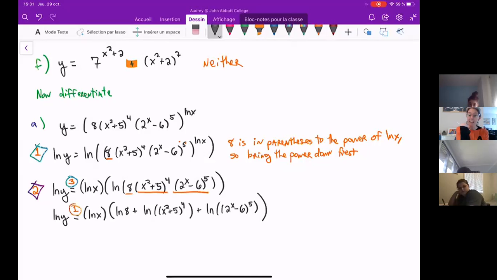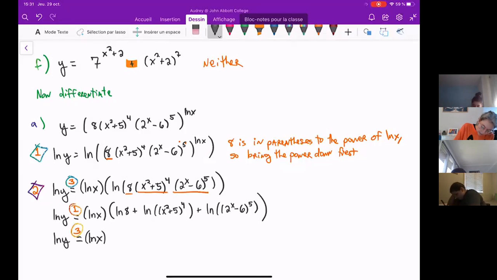I can use 3 again. I couldn't have started off with that 3, but now I have it, so I can use the 3 again to bring these new powers down because I've separated them from each other. So we're using 3 again. And I'm going to have ln x.